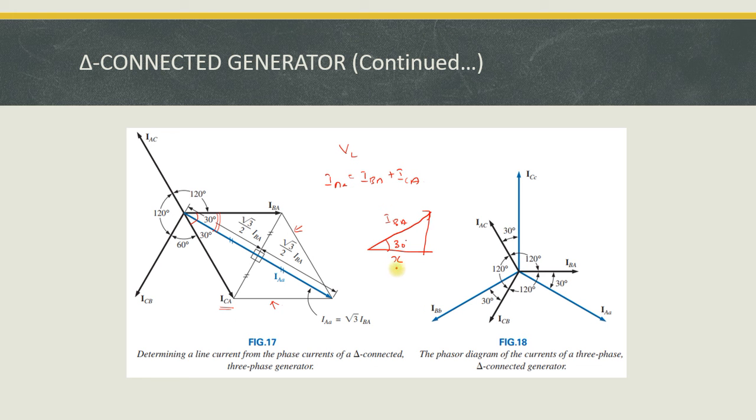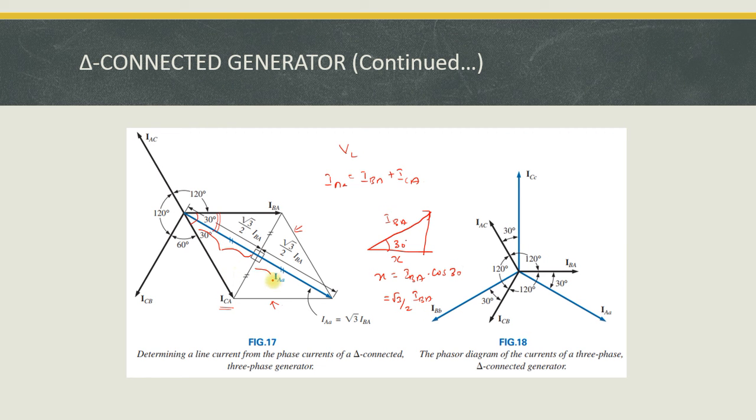To find this distance x, x is equal to IBA times cos 30 degrees, from the trigonometric relation. Cos 30 degrees is square root of 3 divided by 2, so the distance here is root 3 by 2 times IBA.